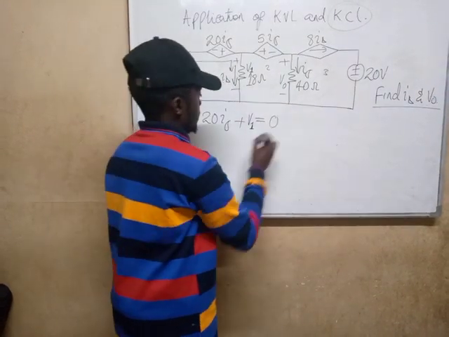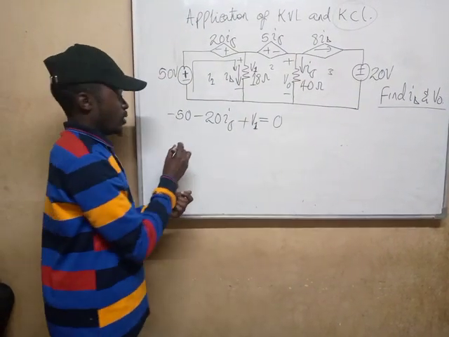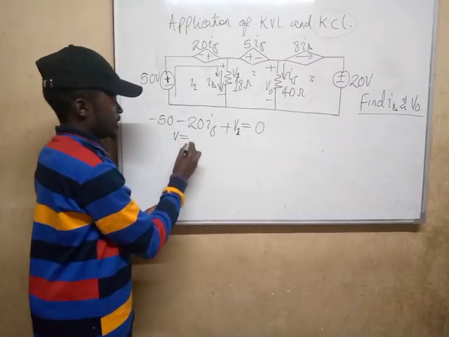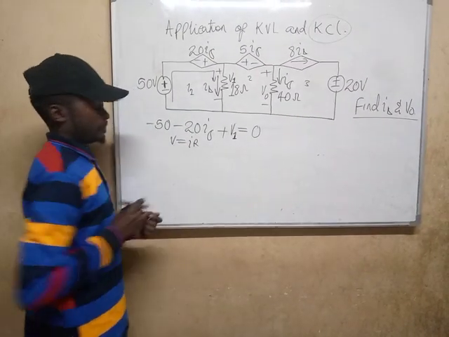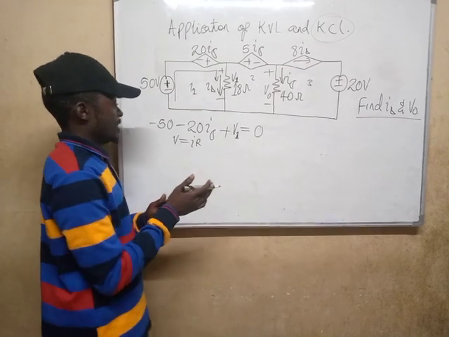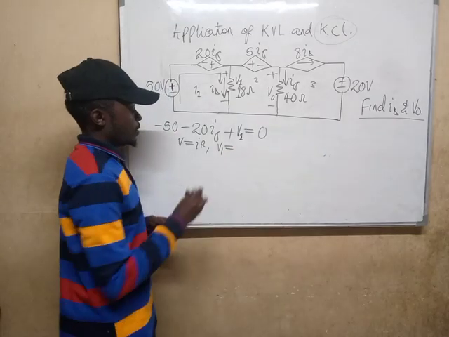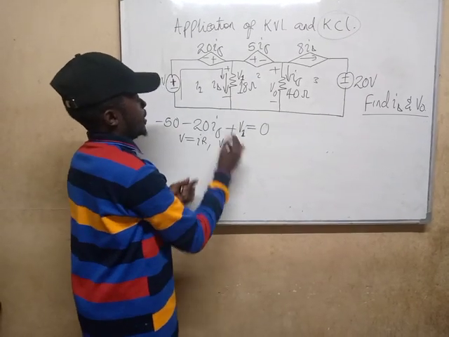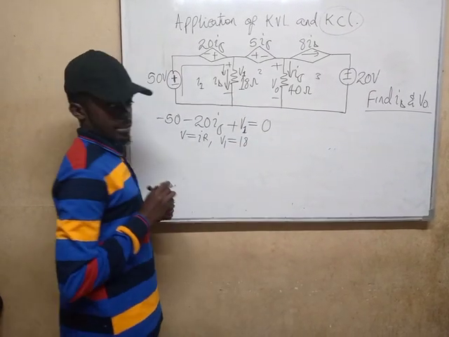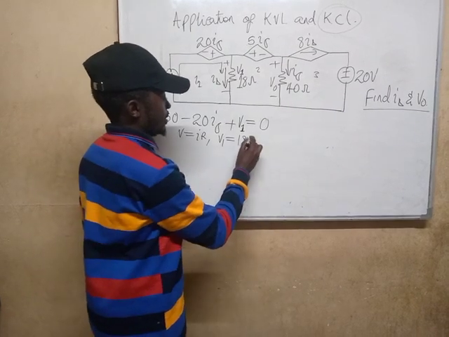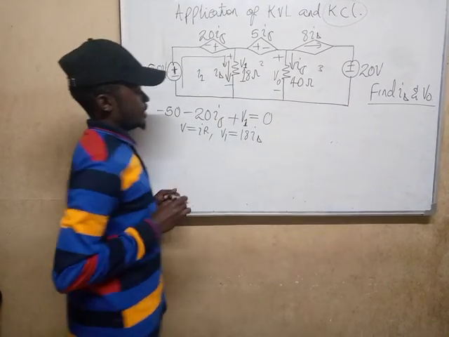According to Ohm's law, voltage is equal to current times resistance, so V1 is equal to 18 times I delta.